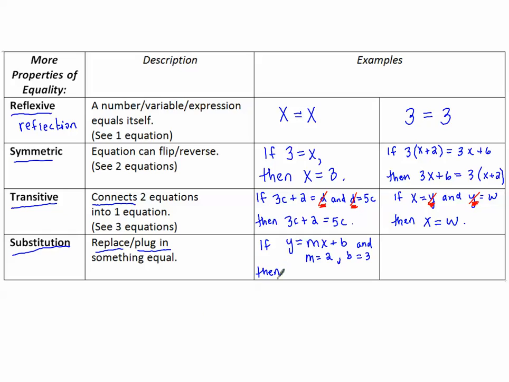So then what does that look like? Well, the m comes out, the 2 goes in its place. The b comes out, the 3 goes in its place. So my final answer is y equals 2x plus 3. That's the substitution property.